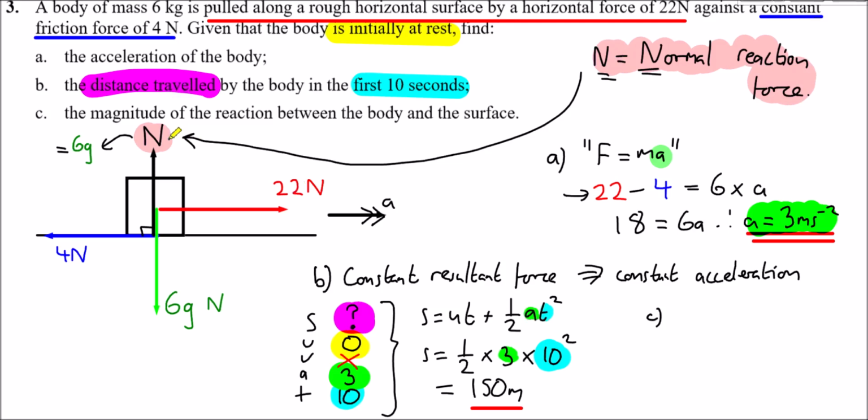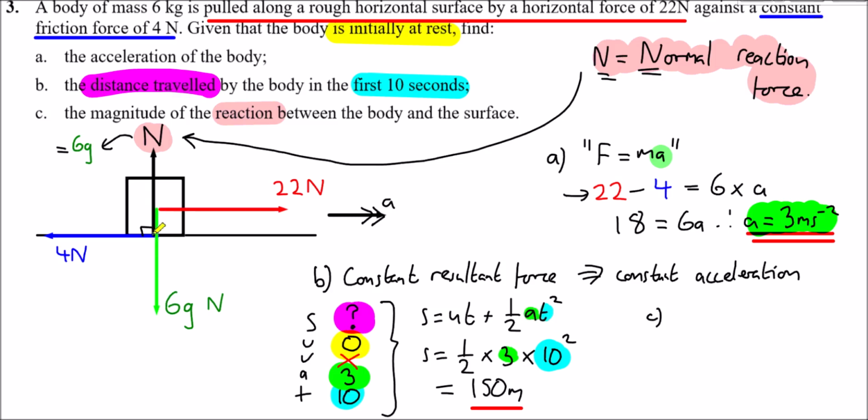So N must balance with this 6g. It's as simple as that. The reaction must be equal and opposite to the weight the floor is having to carry because of the object.